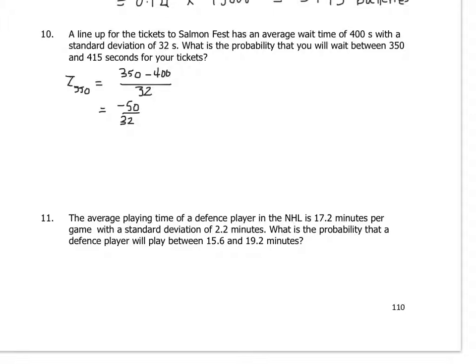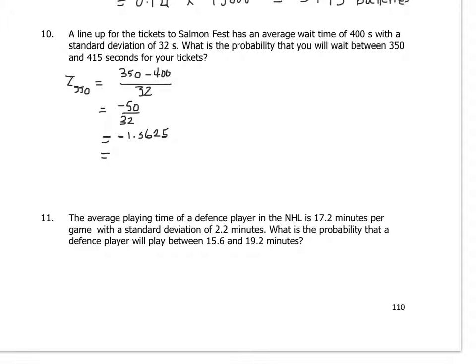You're expecting a negative z-score there because it's below the average wait time. That gives us negative 1.5625, or about negative 1.56.